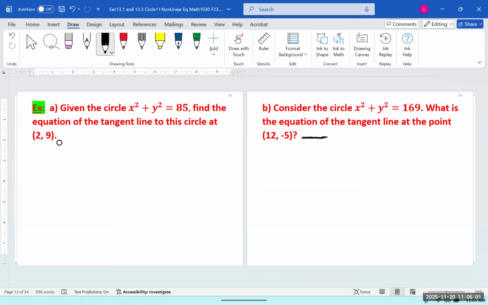All right, first one. So we're doing... Okay, we're still together. And I'm going to also show you something cool. For the first one, first you need to find the slope of the radius.